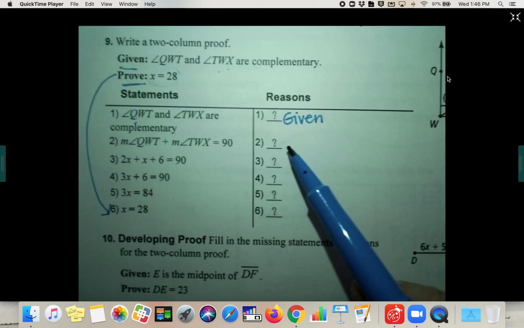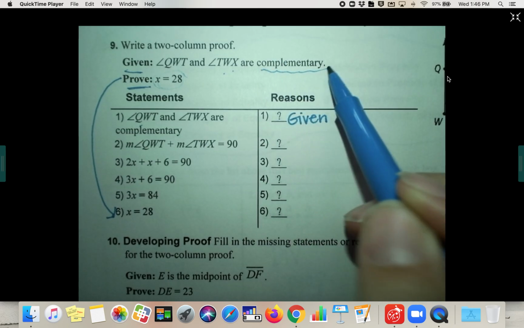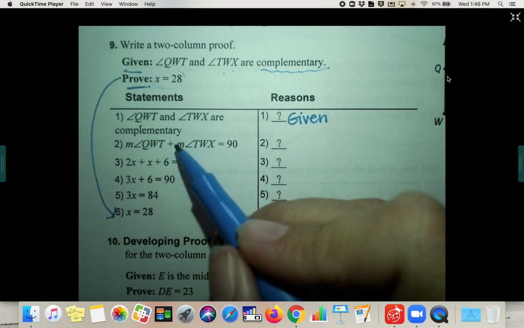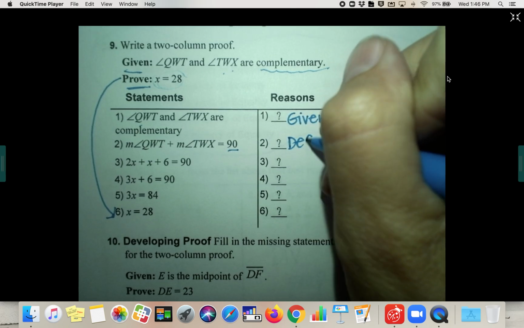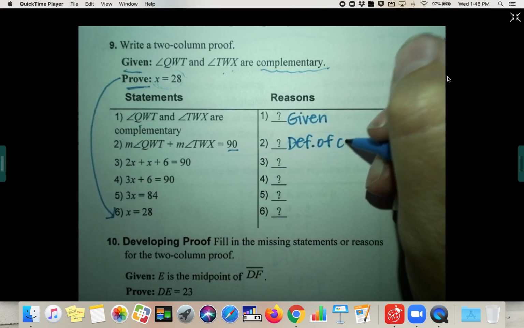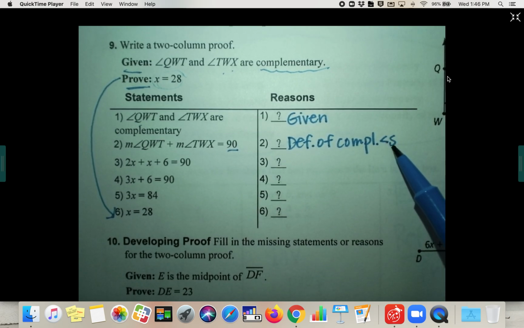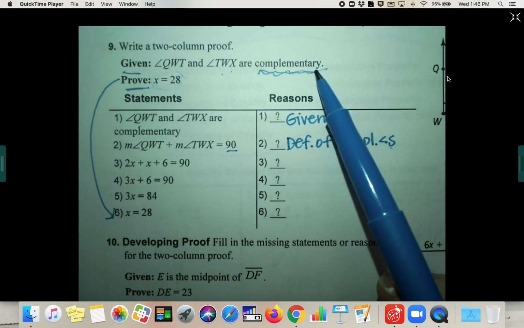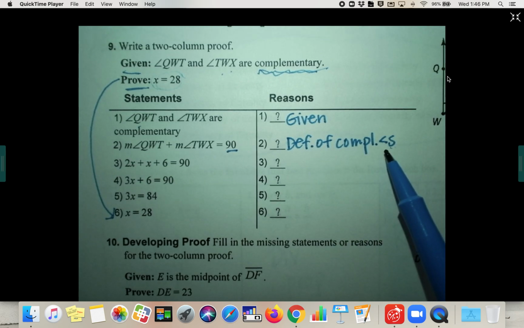So the reason that is true is because that's the definition of complementary angles. We know that they're complementary because it was given. And for 2 angles to add up to 90, that is actually the definition of complementary angles. And I abbreviated that, complementary angles. So anytime it says that something is complementary and then down here it says they add up to 90, that is by definition of complementary angles.